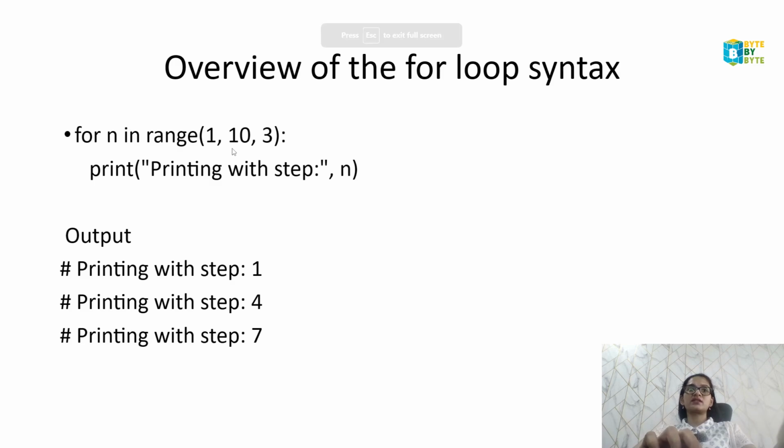This is one more example that we are going to see: for n in the range of 1, 10 and 3. Now this particular thing is saying n in the range of 1, 10 and 3. That means your start is 1, your end is 10 and your step is 3.